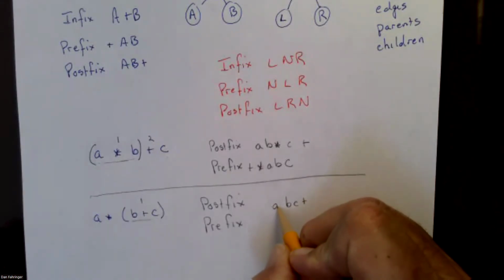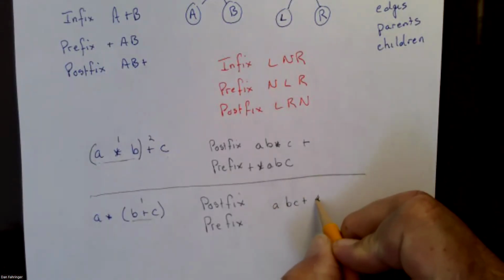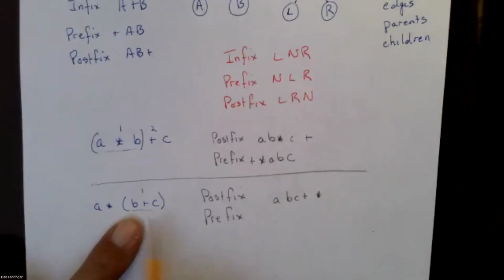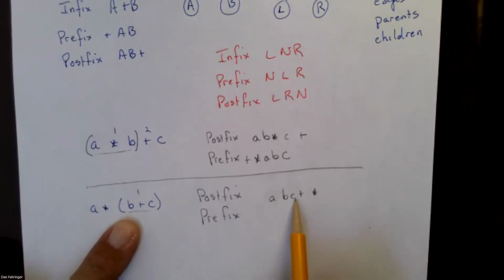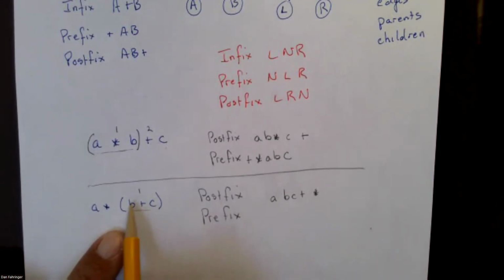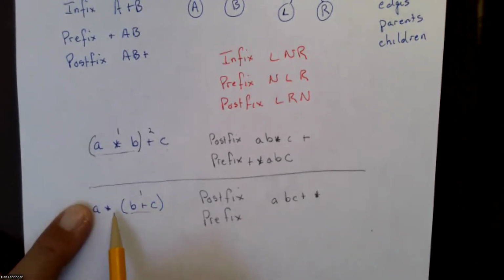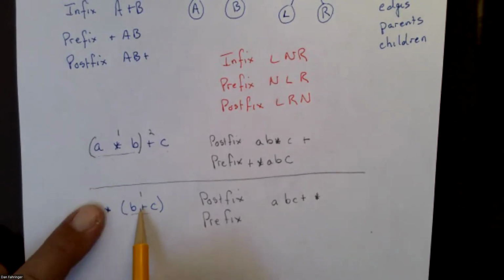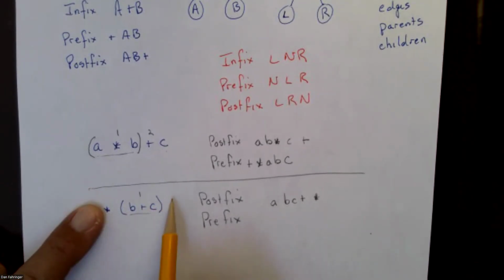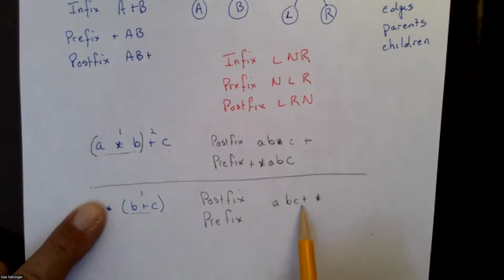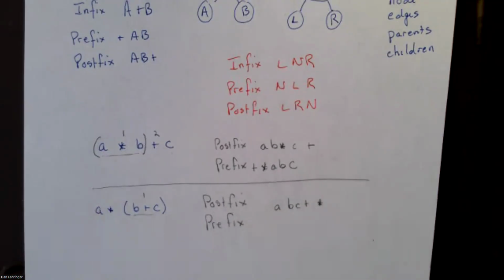How about A here, asterisk there? This gets done first, so that's my B C plus. So think of that as blah. Now I have A times blah, so it's going to be A blah with the operator on the end. So B C plus gets done, B C plus, that becomes a thing, A times all of that.